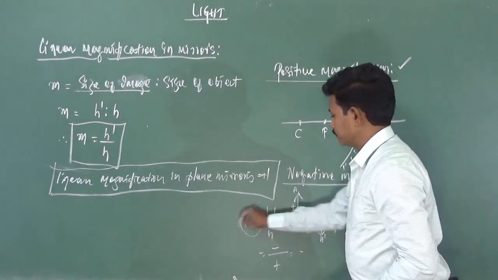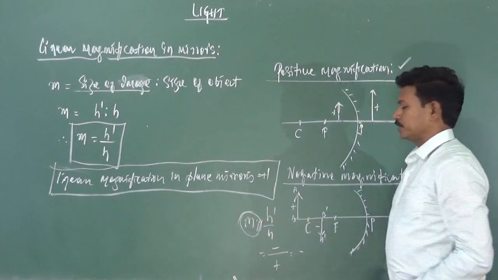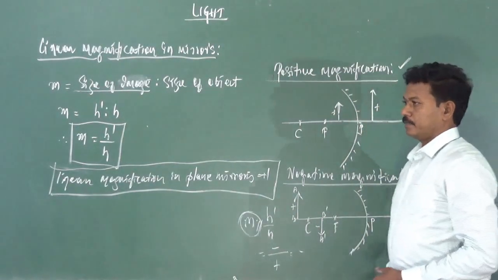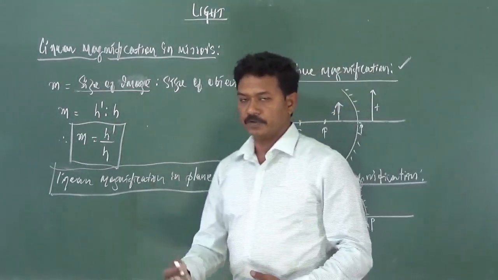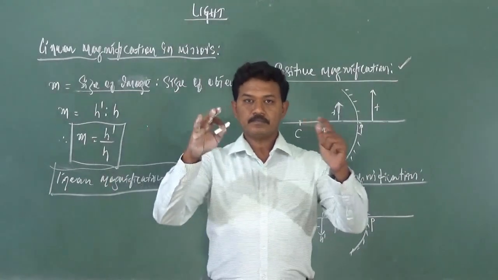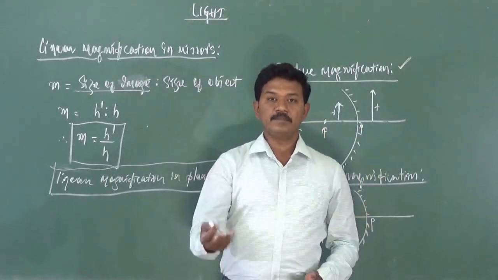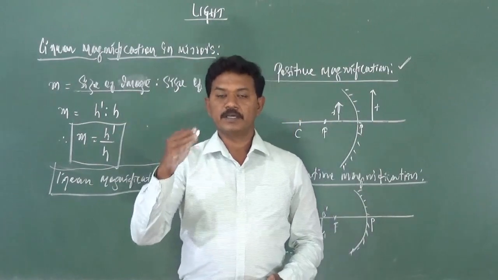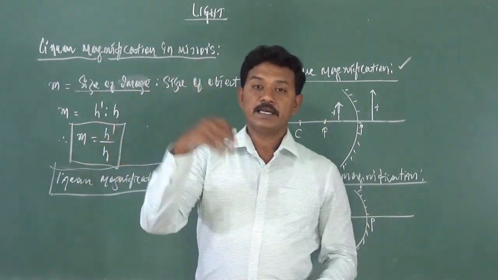Therefore here magnification is said to be negative. Usually in those mirrors where we get real images, we say the magnification of that mirror is negative.